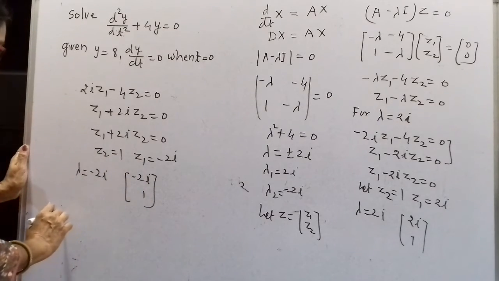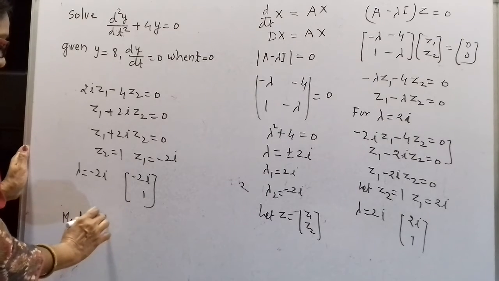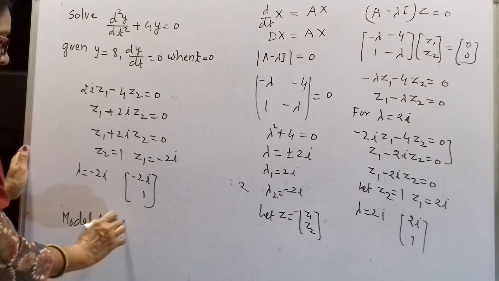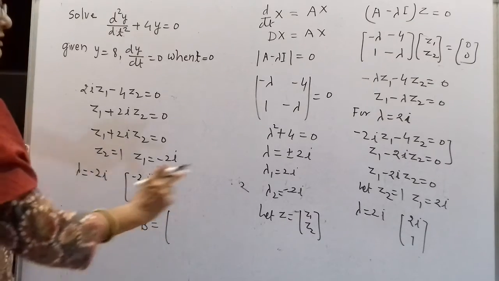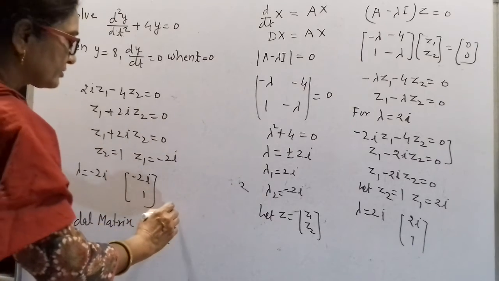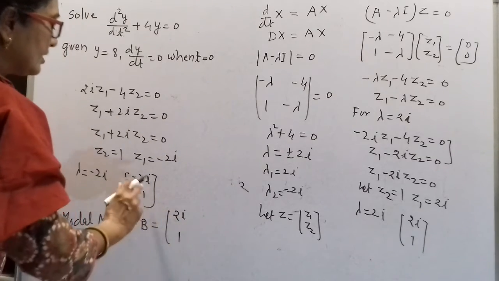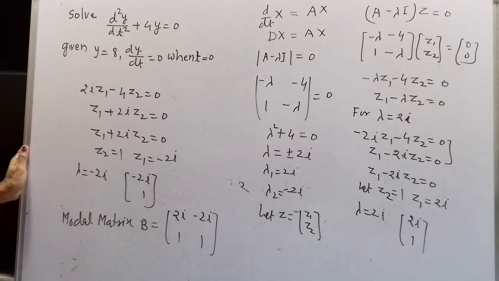So the modal matrix B is equal to, for lambda 1 equal to 2i, we get 2i and 1, and for lambda 2 equal to minus 2i, we get minus 2i and 1. This is the B.